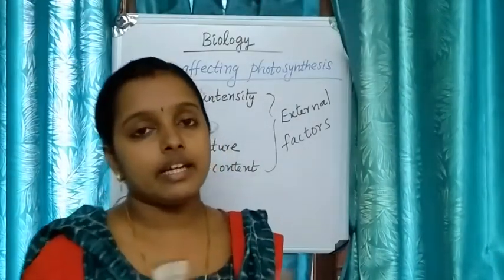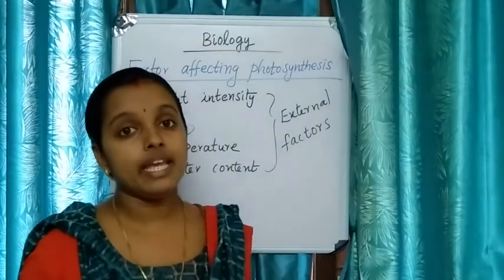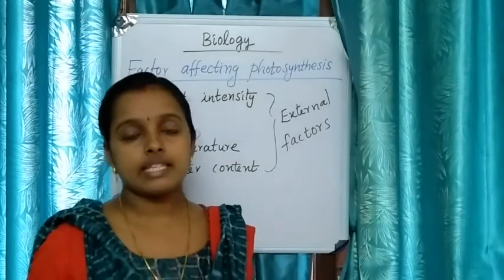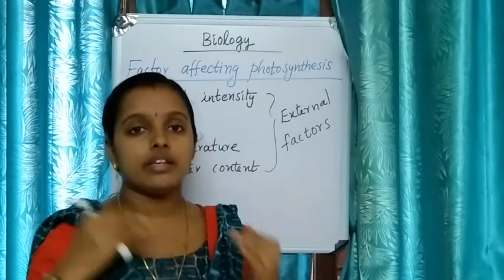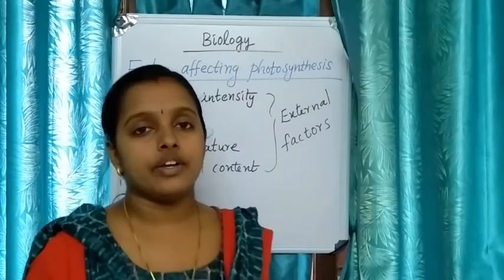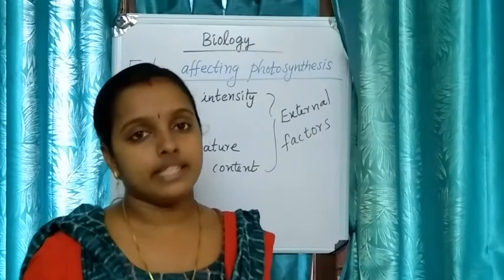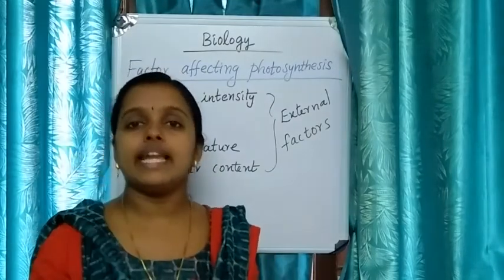Maybe you will think that if light intensity is more, the photosynthesis rate also will be more. To some extent it is true. When light intensity is increased, the photosynthesis rate will increase with the increase of light intensity up to a certain limit.